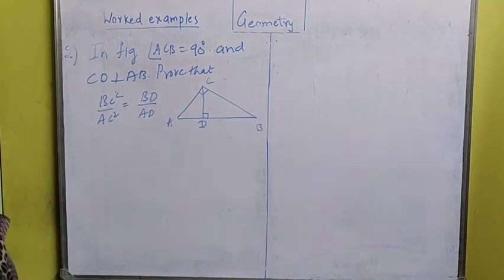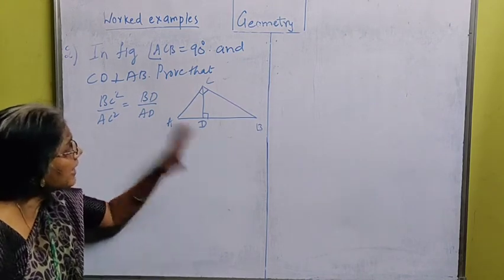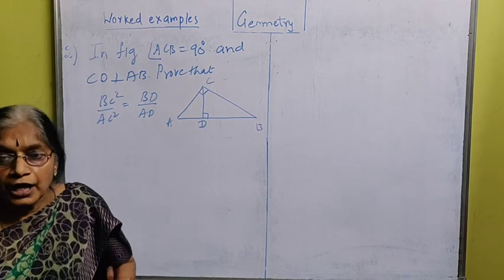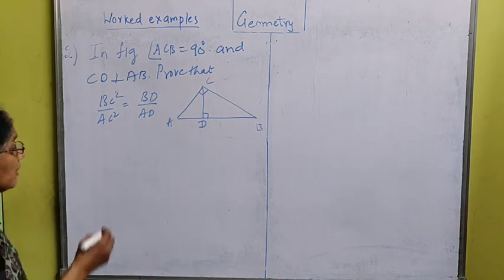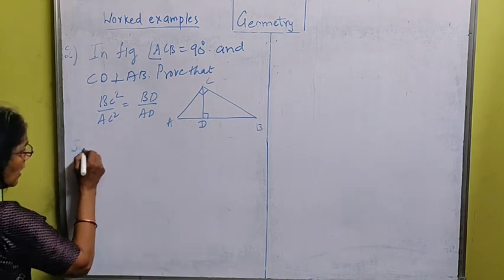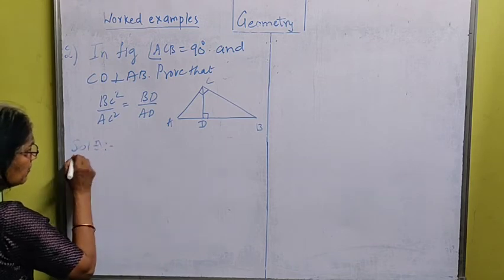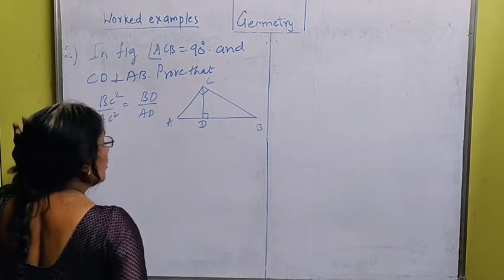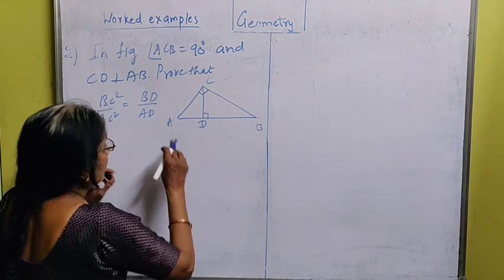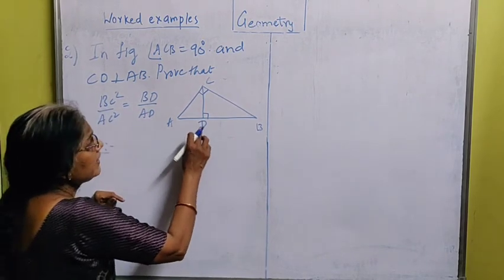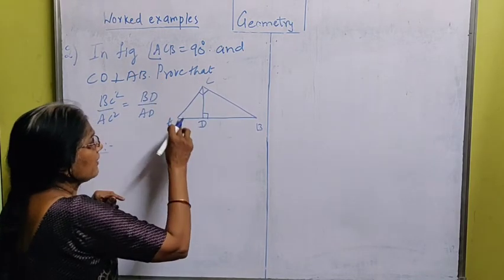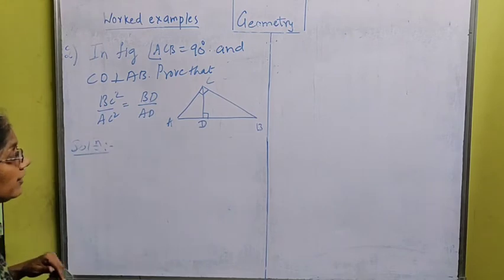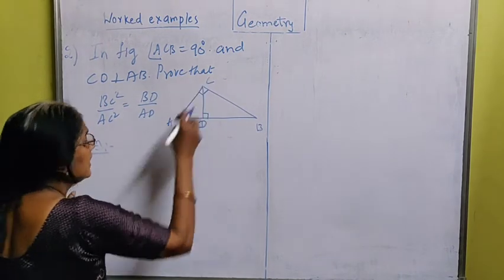In your reader, directly they have given that the triangles are similar. They have not shown how the triangles are similar. So I am going to show you here how the triangles become similar. First, which two triangles are we going to take? We are going to take triangle ADC and triangle ACB.